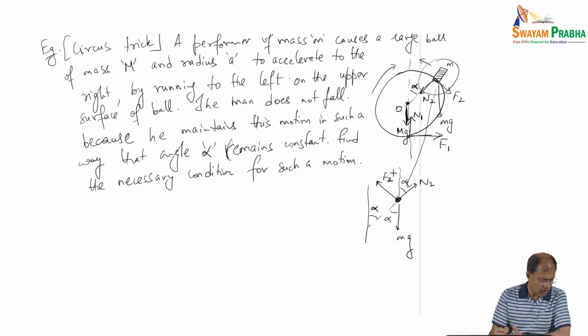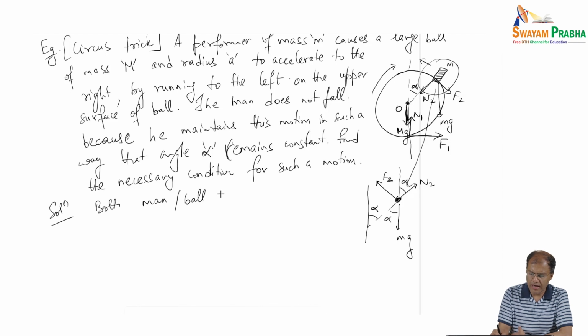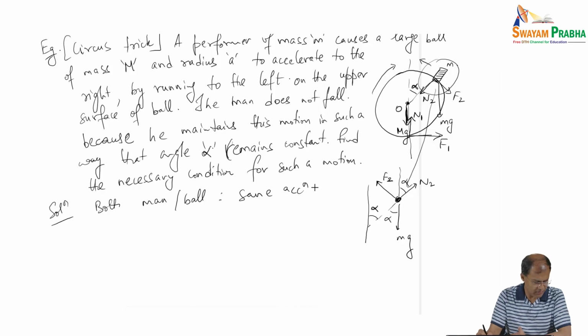Most important is that both the ball and the man are accelerating with the same linear acceleration dv/dt, right? So both the man and the ball have the same acceleration, which is given by dv/dt i hat.